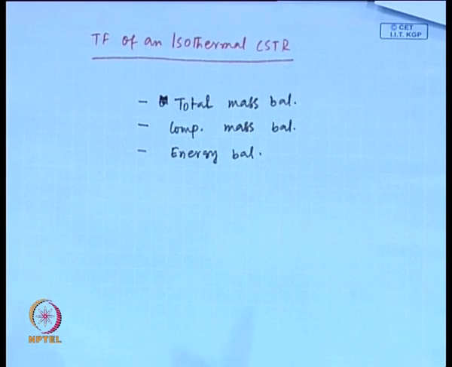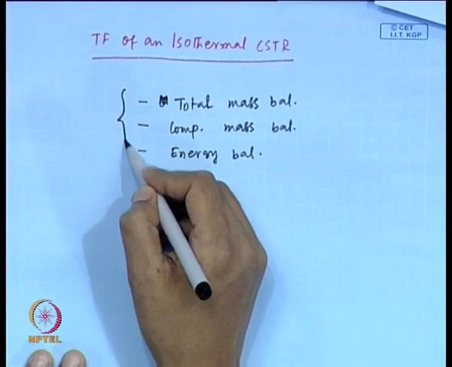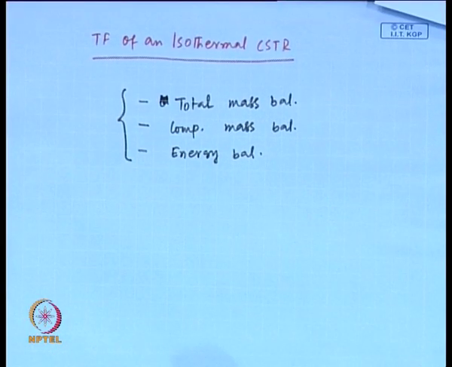So, what is that CSTR? Yes, that is a non-isothermal CSTR, because temperature varies in that CSTR with time. So, the CSTR which we have modeled earlier, that is the non-isothermal CSTR.